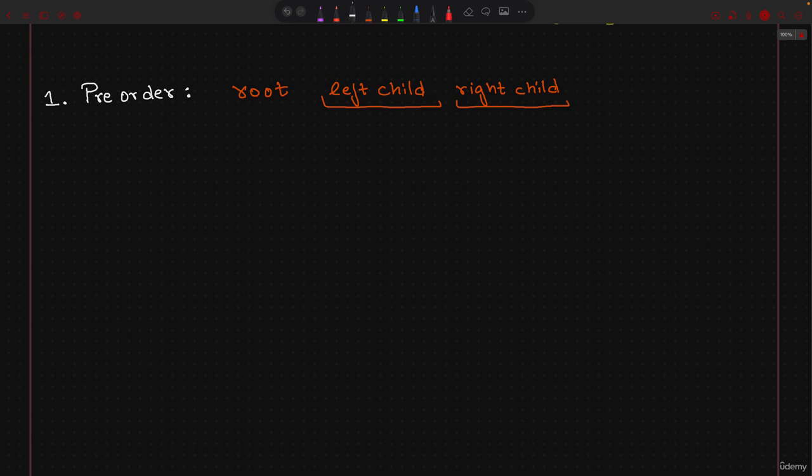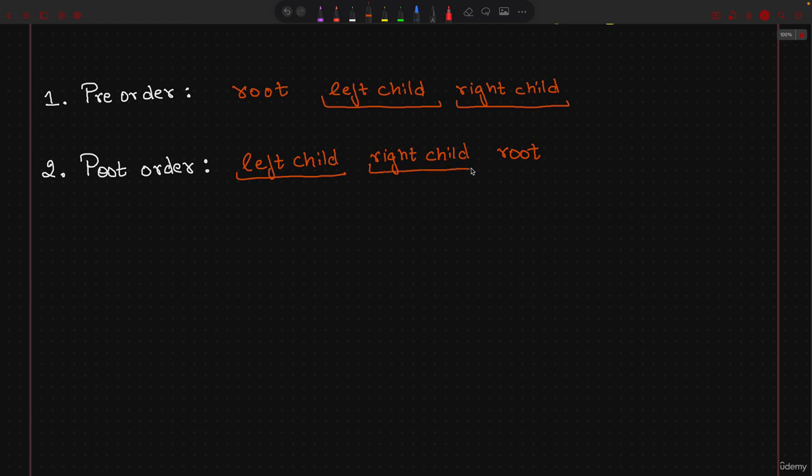Great. Second is post-order. This time my root or the parent says that, hey, first do it on my left child, then do it on my right child. Then just root. So again, this is the whole function or traversal which we are doing, everyone.